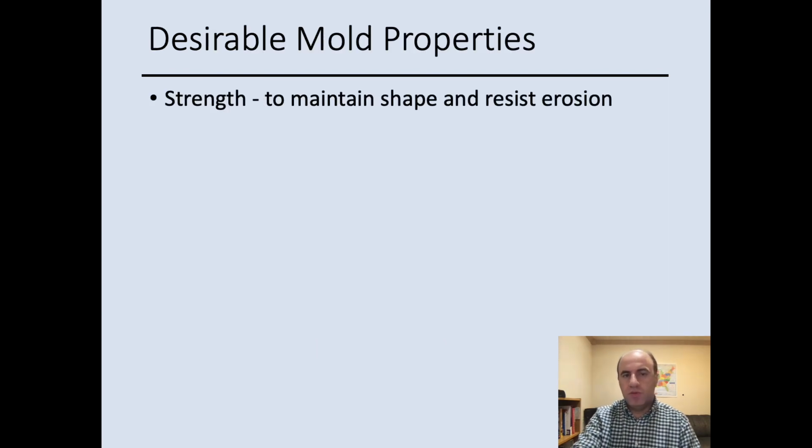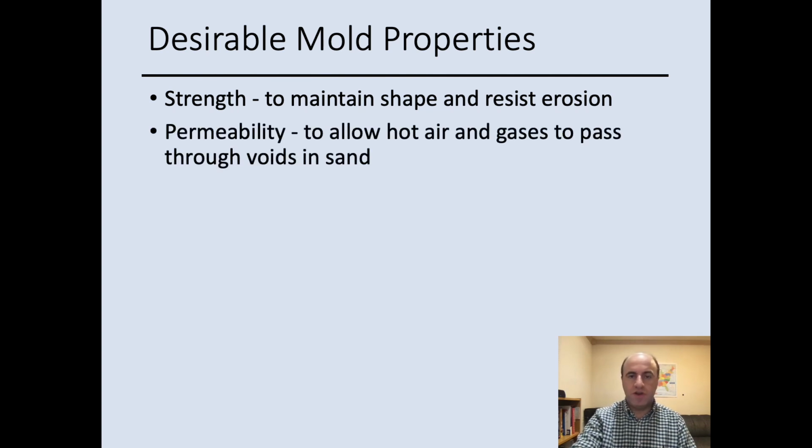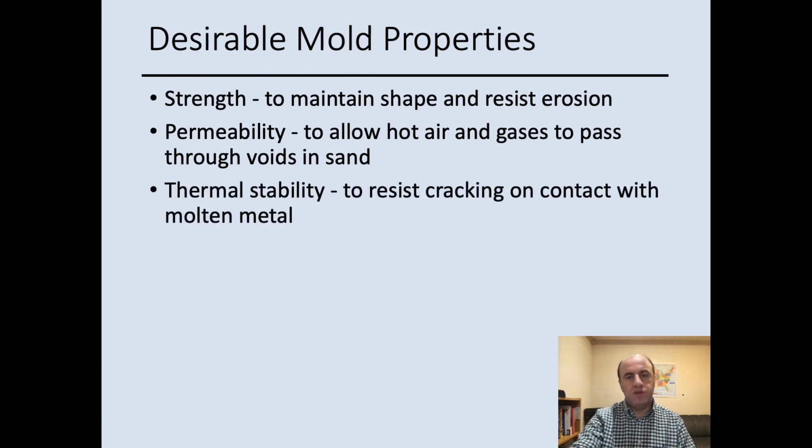There are some properties for the mold that we need to consider. For example, the strength has to be considered. The mold has to have a good amount of strength to maintain the shape and resist the erosion. And permeability is important to allow the hot air to escape and pass through voids in the sand.